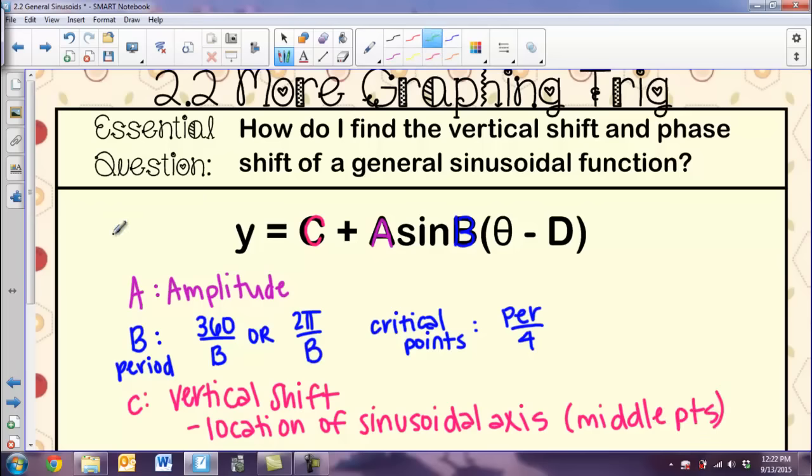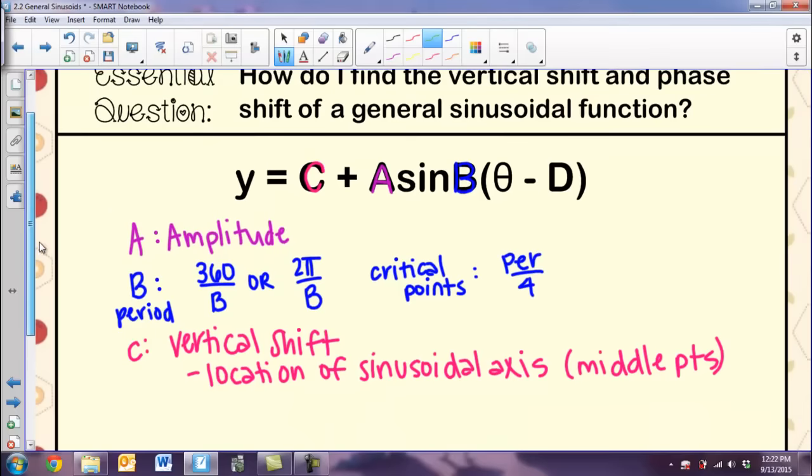And the last one that we have in here is the letter D, which is inside those parentheses, and we are going to call that a phase shift. Now, back in Algebra 2, when you did all the transformations of functions, you might have called this a horizontal shift. It really is still a horizontal shift, but what it tells us when I'm graphing a trig function is the first point on your x-axis.